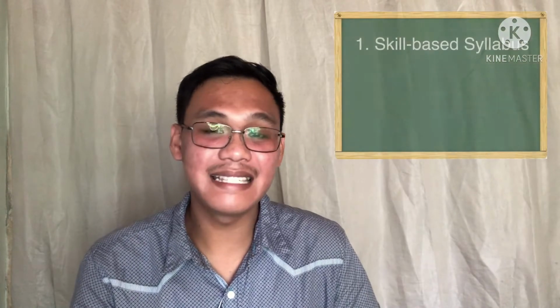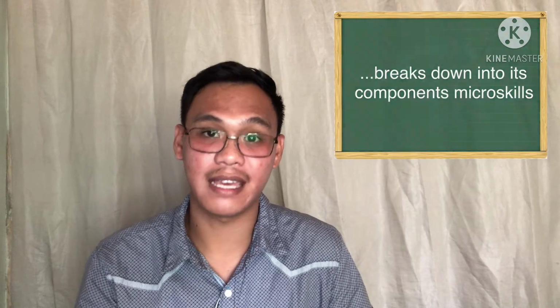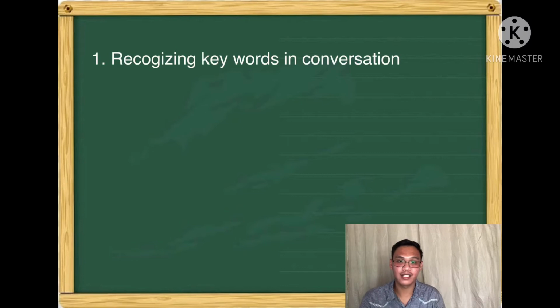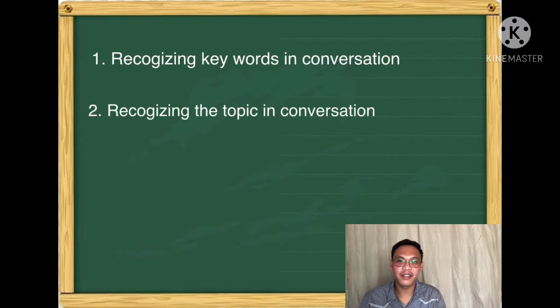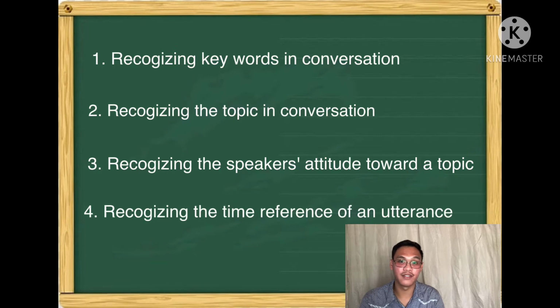The skills-based syllabus focuses on the 4 skills of listening, reading, writing, and speaking, and breaks each skill down into its component micro skills. For example, the skill of listening might be further described in terms of the following micro skills: recognizing the key words in a conversation, recognizing the topic in a conversation, recognizing the speaker's attitude toward the topic, and recognizing the time reference of an utterance.